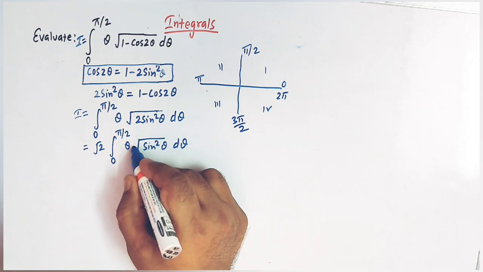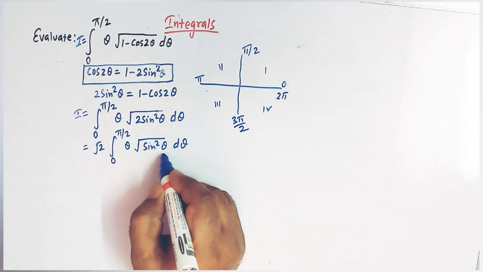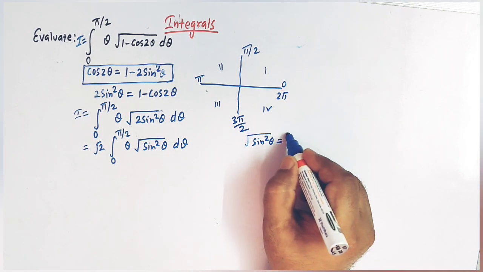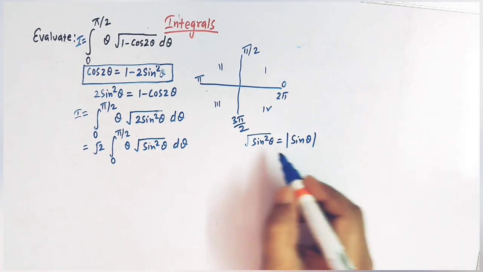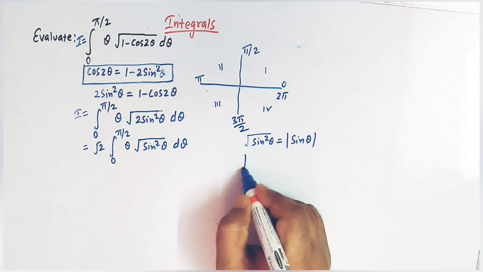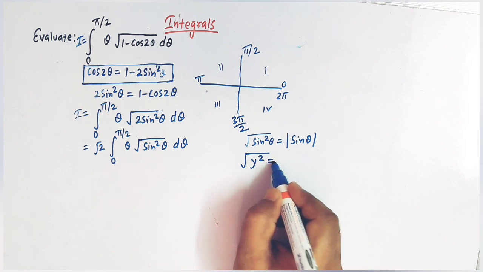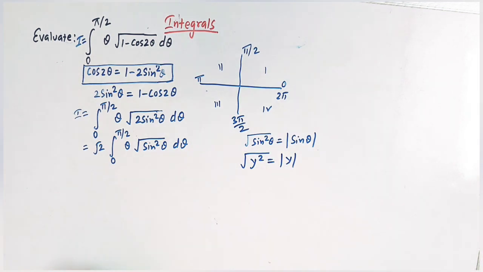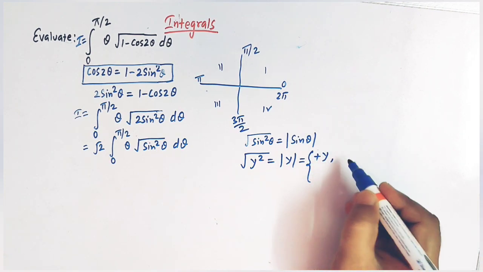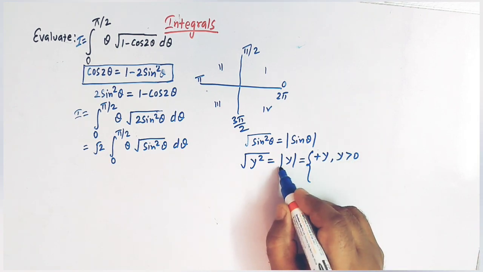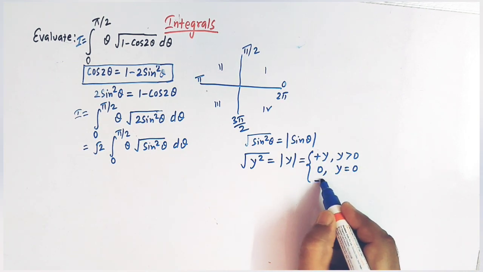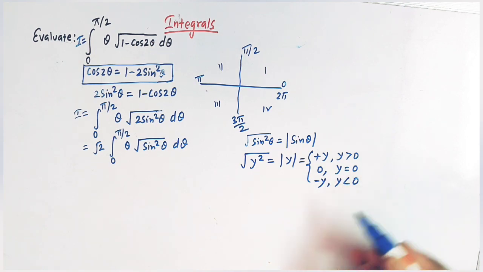So now let us see how we can write square root of sine square theta. So square root of sine square theta should be written as mod of sine theta, right? Because we know from the definition of mod function that square root of, say, y square is always equal to mod of y, right? And we define the mod function as mod of y is positive y whenever y is greater than 0, mod of y is equal to 0 whenever y is equal to 0, and mod of y is minus y whenever y is less than 0, right?